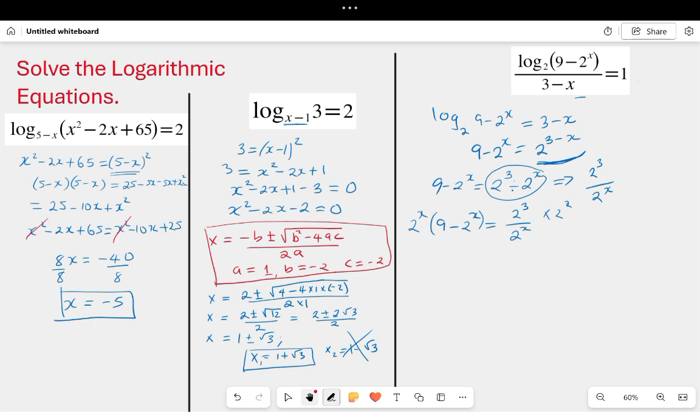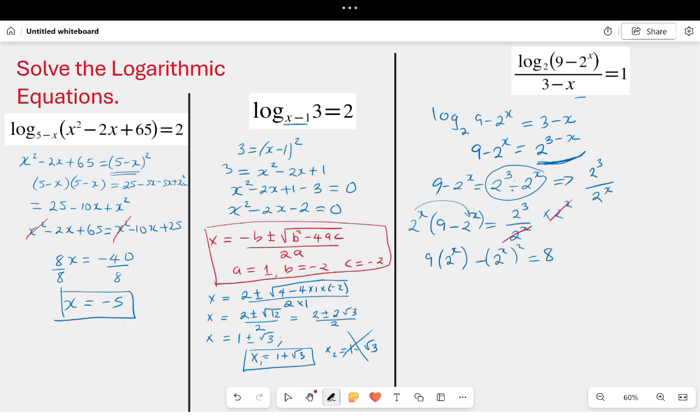This here is going to cancel out, and that cancels out, and therefore we are going to have 2 to power x times 9, so 9 multiplied by 2 to power x, minus 2 to power x multiplied by 2 to power x, which is 2 to power x squared, should be equals to 2 to power 3, which is 8.